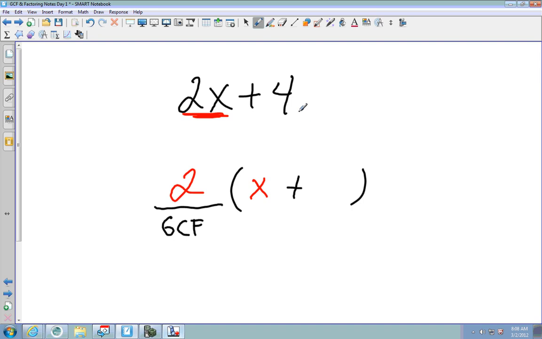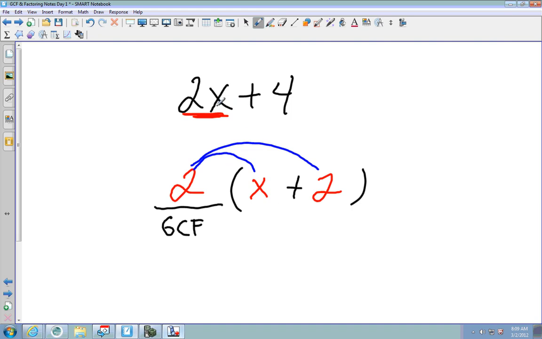If I pull out a 2 on this 4, 2 times what gives me 4? 2. That is factored completely. Because what we did before was we did 2 times x, got 2x. 2 times 2 gave me 4. That's how you check it.